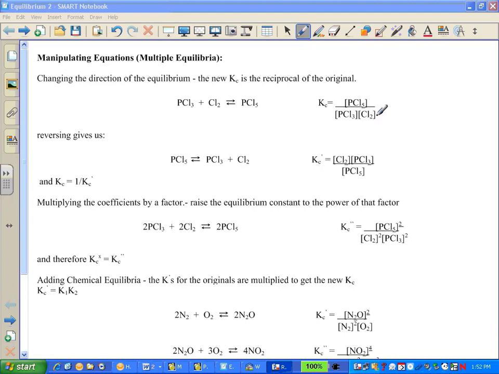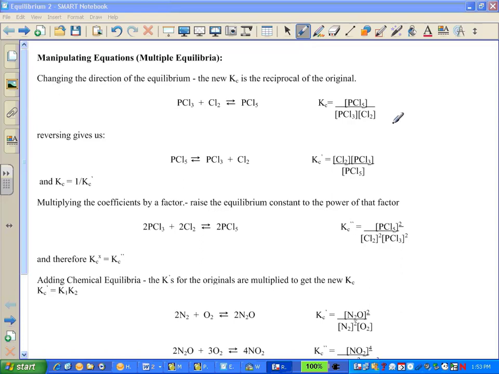Now, if we change the direction of this equilibrium, so essentially we reverse it to become PCl5 in equilibrium with PCl3 plus Cl2, what we can see is that the new equilibrium constant expression, the concentration of Cl2 times the concentration of PCl3 over the concentration of PCl5, is simply the reciprocal of the original Kc expression.